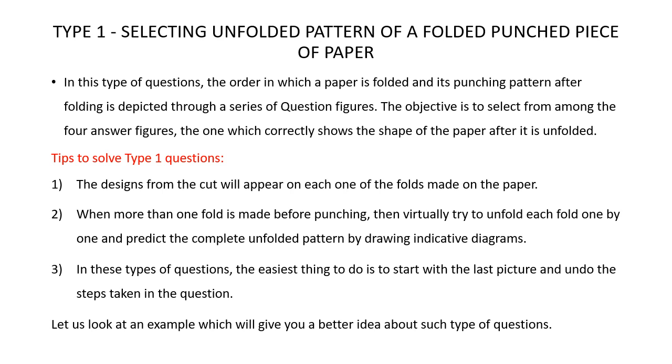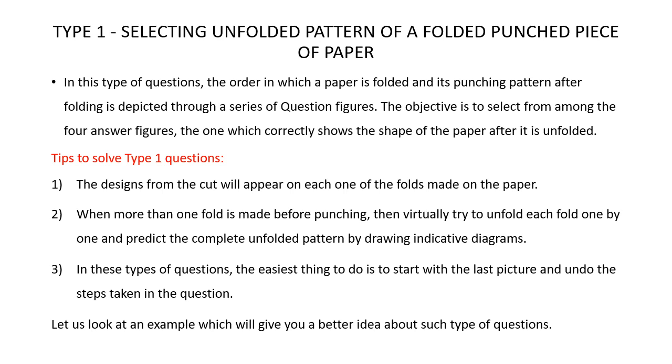Here are a few tips to solve type 1 questions. The designs from the cut will appear on each one of the folds made on the paper. When more than one fold is made before punching, then virtually try to unfold each fold one by one and predict the complete unfolded pattern by drawing indicative diagrams.